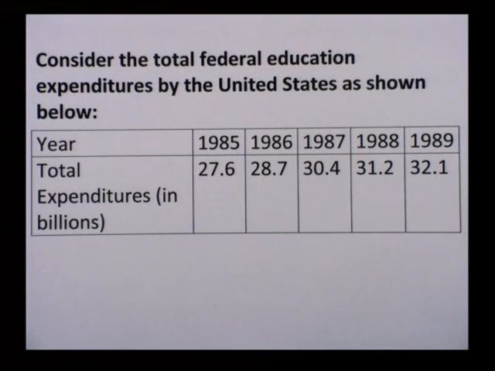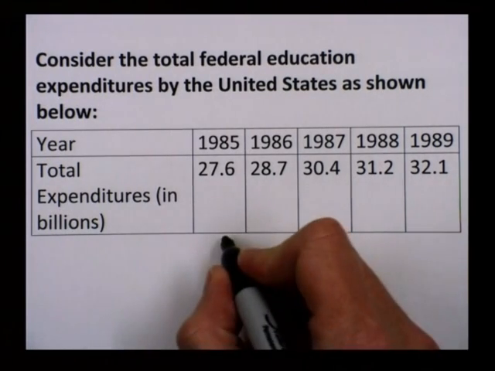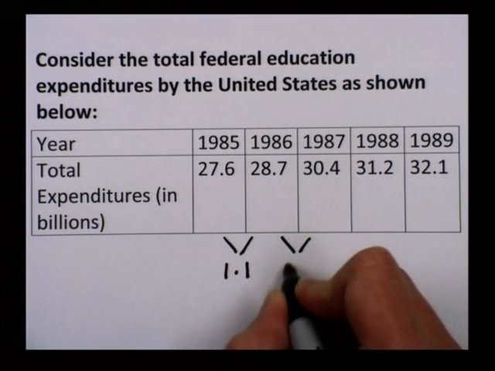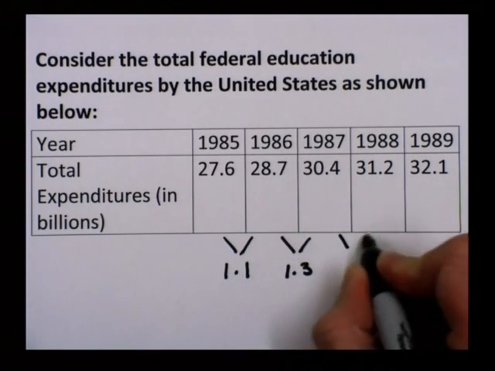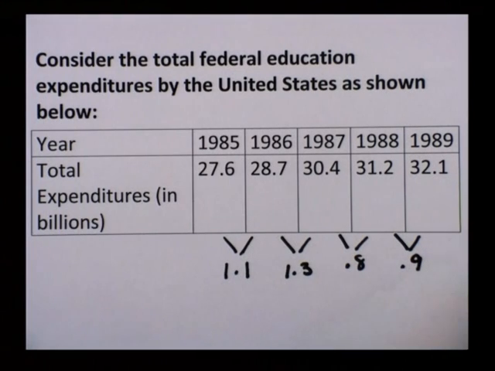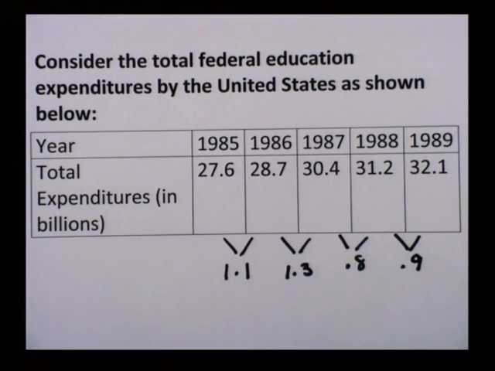All right, now that you've had an opportunity to calculate them, let's take a look at what you got. I got 1.1, 1.3, 0.8, and 0.9 billion dollars as the changes in my y values.